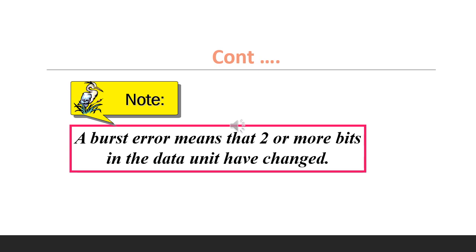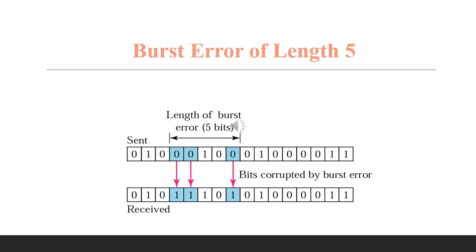Whereas a burst error means that two or more bits in the data unit have changed. This is an example of burst error of length 5. We take the length of bits from the starting bit error to the last bit error.